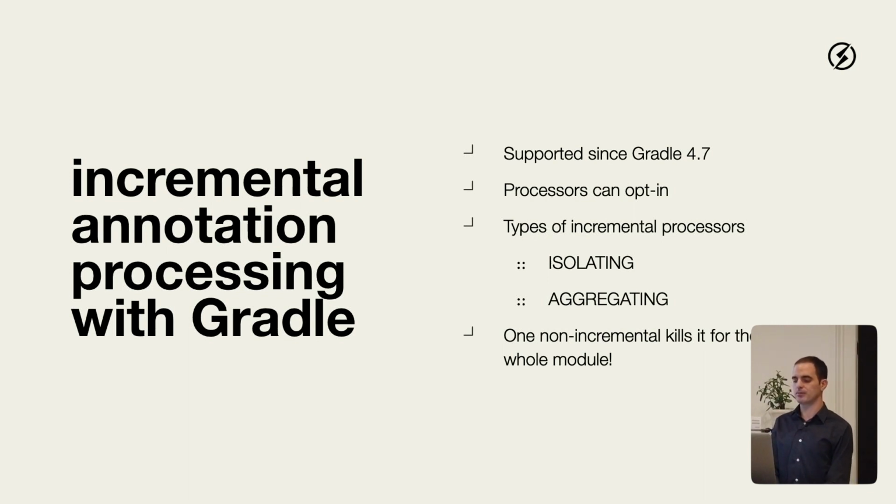The second type is the aggregating processors, which can still be incremental. These combine multiple annotations into one source code. So for example, if you have a dependency injection graph, this obviously uses multiple types and combines them into one class, which is the whole dependency graph. So this will be an aggregating processor.